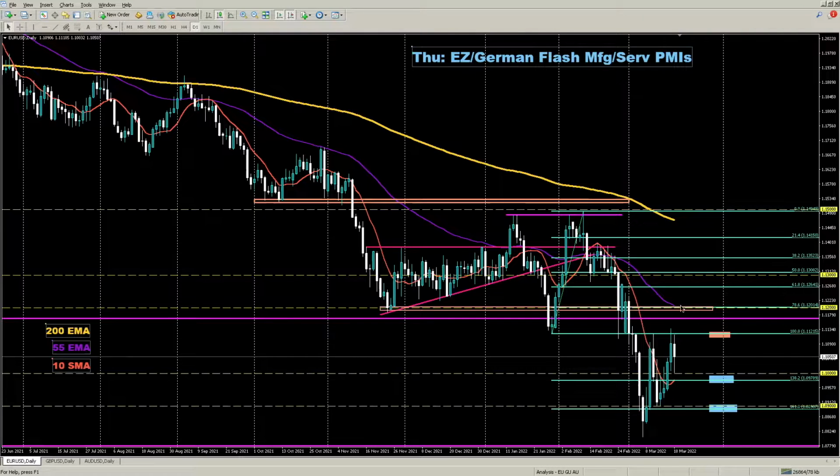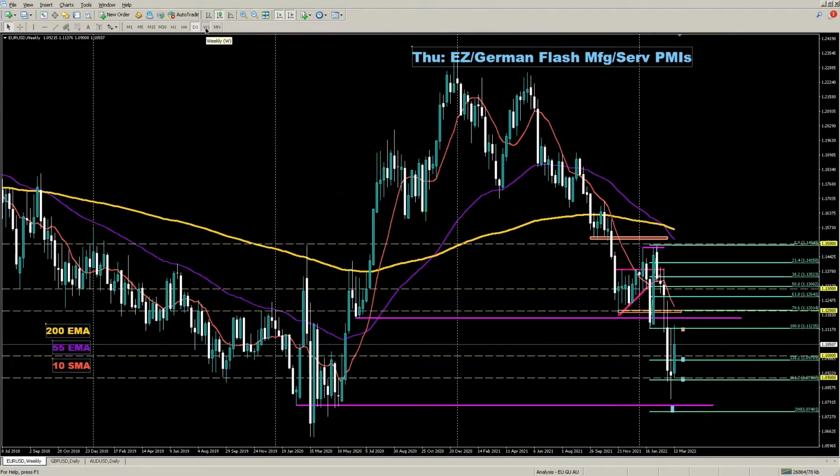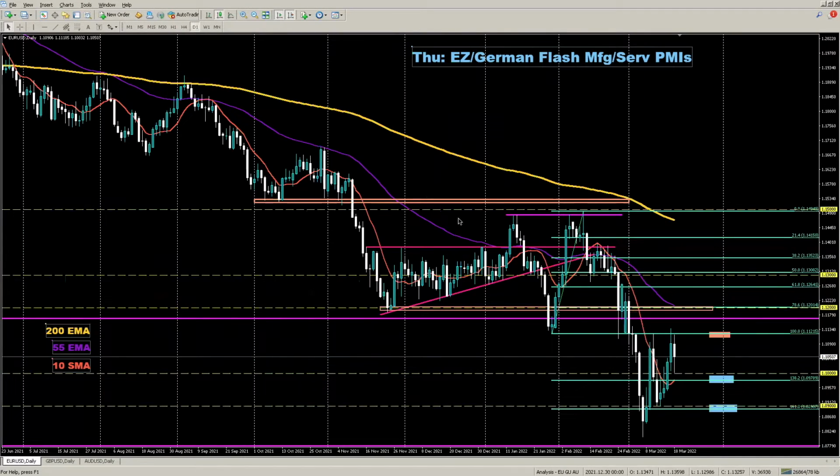So a lot of confluence of resistance levels, even if it does break out higher through the swing low area. And before that, there's also a previous swing high area and a significant swing low previously. So yes, there's a lot of roadblocks ahead.